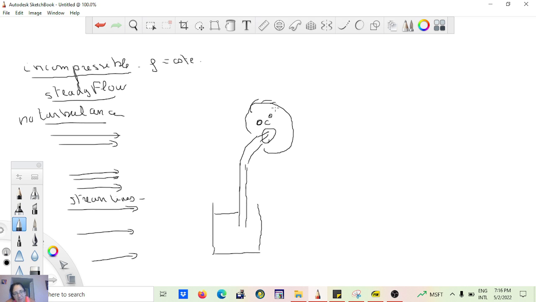I'm very bad at making a drawing, but let's say you are trying to suck the liquid, maybe it's cranberry juice here. What's going to happen?